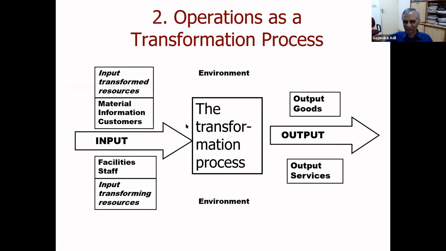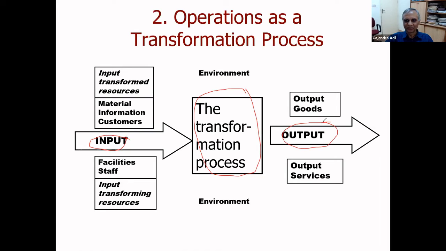Okay. Let's say the second one. Second one we have put here, operations as a transformation process. So let me explain what this figure is. There are three parts you should see first: input, and then you have a process here, the transformation process, and output.